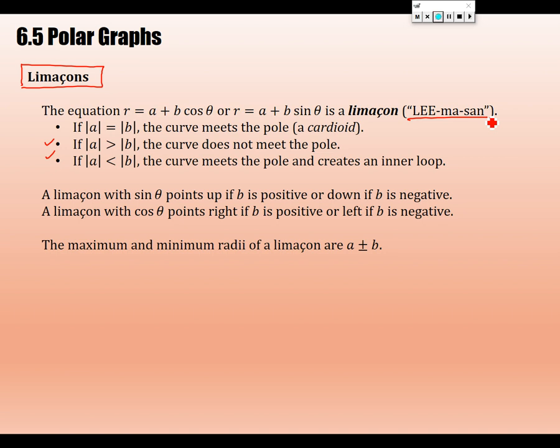Oh yeah, it's a limaçon. Do you know what it means? Anyone? Look it up. You'll remember it better. I thought it'd be more fun if you look it up. It means a small creature of some kind.